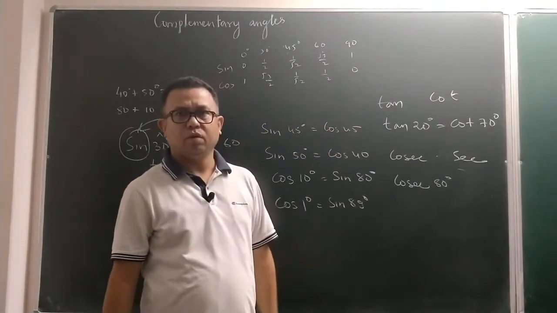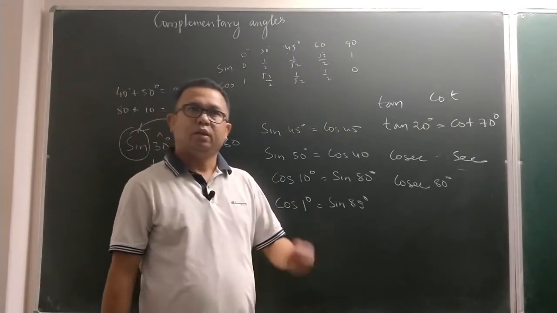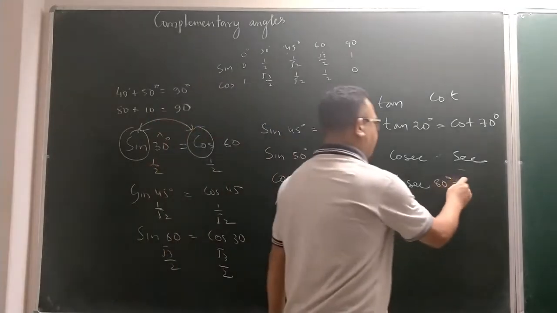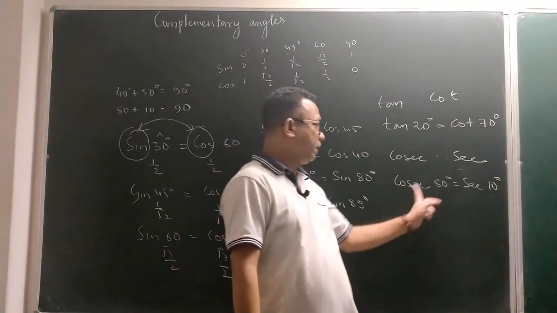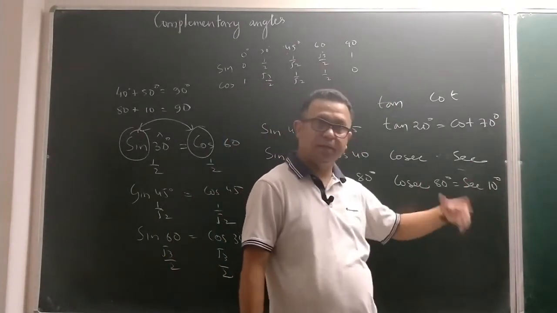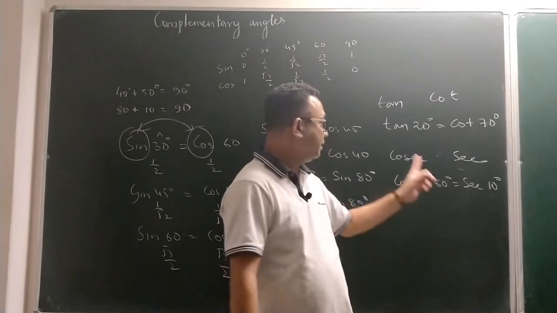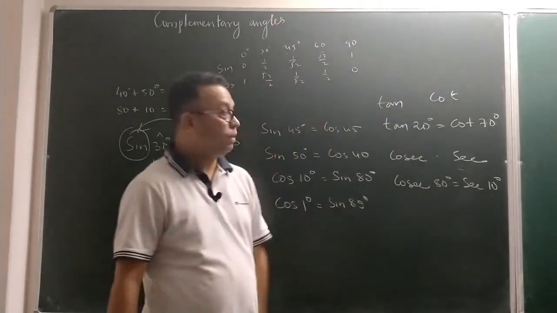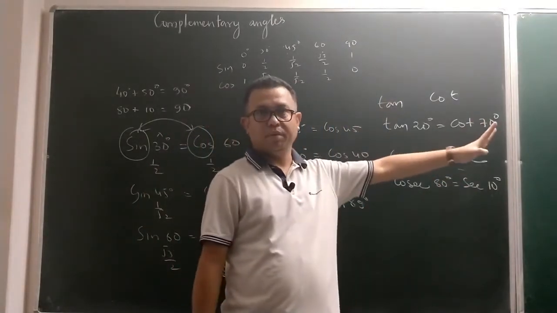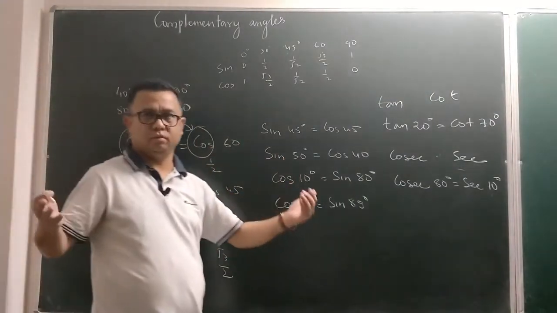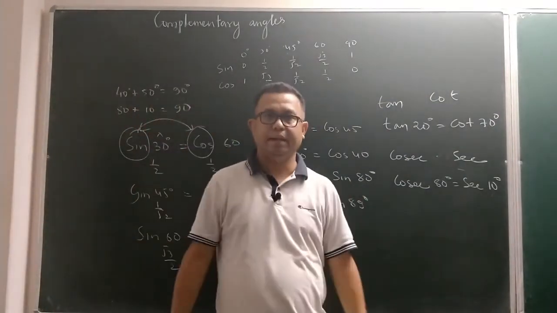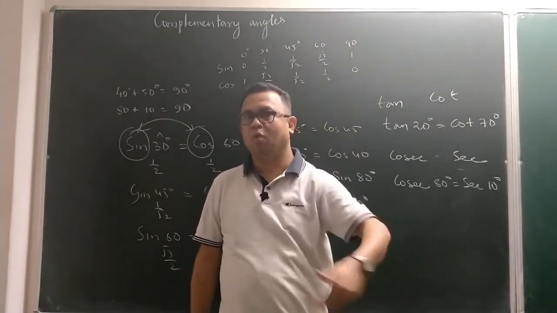Now if you do not want to write down the value for cosec 80, then cosec 80 is exactly the same as sec 10 degree. As you can see, 80 plus 10 total is 90. So cosec and sec are complementary, tan and cot are complementary, and sine and cos are also complementary. So if I give you randomly any acute angle, angles which are less than 90, then you can give me the complement to that.